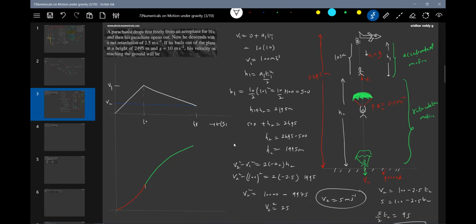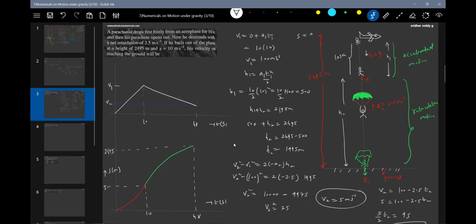So this will be 10, 48. What is the total? This will be 2495, and H1 we have calculated, so this will be 500. This is position, S equal to 0, I'll define this one.